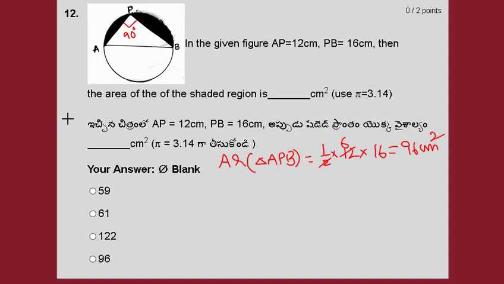To find the area of the semicircle, first we have to find the radius. For that, we can use Pythagorean theorem to find the length of AB. According to Pythagorean theorem, AB square is equal to 12 square plus 16 square, which is 144 plus 256, which is equal to 400.